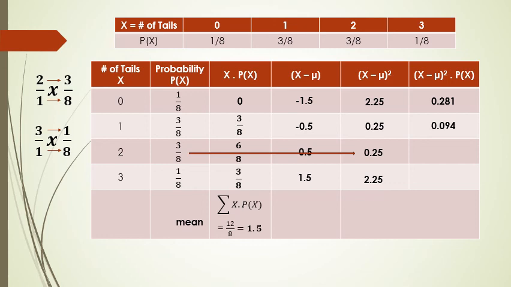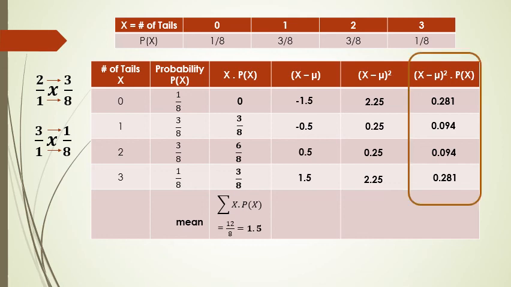And then 3 divided by 8 times 0.25 is 0.094. And last, 1 divided by 8 times 2.25, that is equal to 0.281.